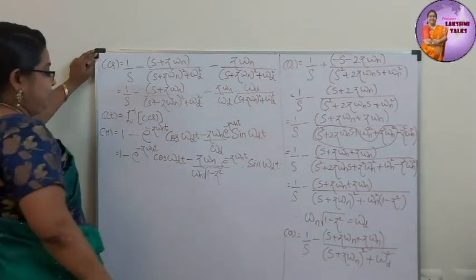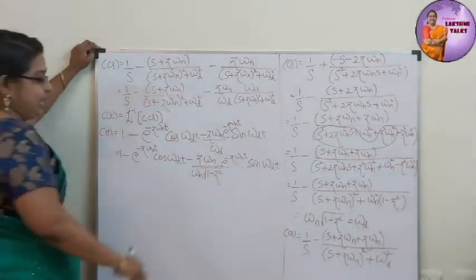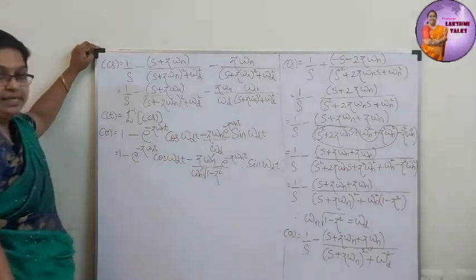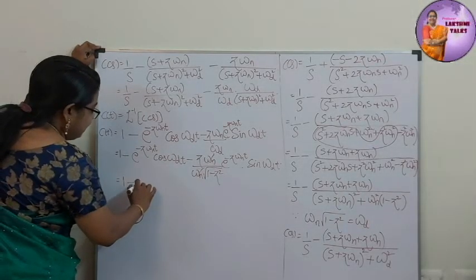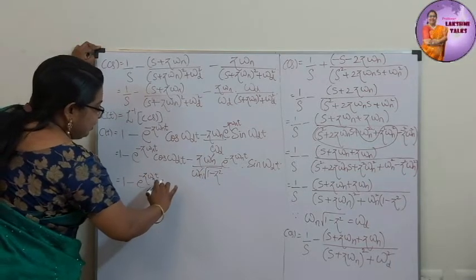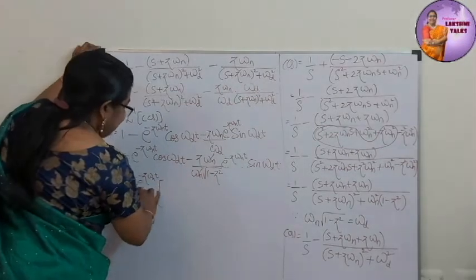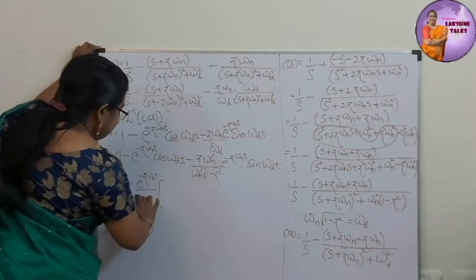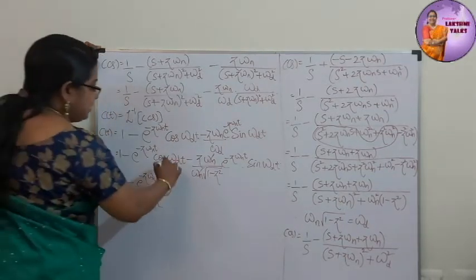Am I right? Now see, this e power minus zeta omega n t is common and this omega n gets cancelled. So this is nothing but 1 minus e power minus zeta omega n t into, you take this root of 1 minus zeta square also as common outside. So what happens?